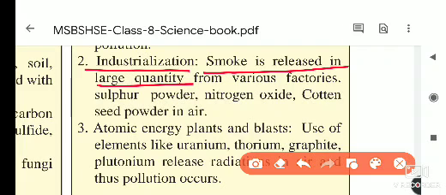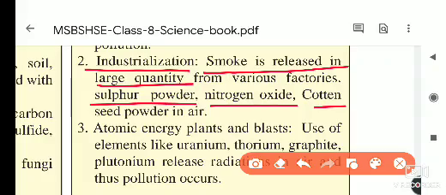Inside those industries they use different substances, and at the time of making these things, hazardous gases are produced. Which are those hazardous gases? Sulfur powder, nitrogen oxide, and these are emitted into the air. And here cotton seed powder is in the air, it gets mixed into the air and causes air pollution.